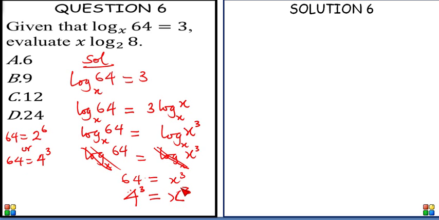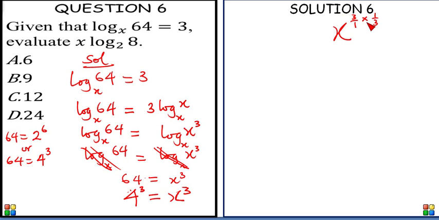I want to remove this power 3. The way to remove the power is to multiply that power by the reciprocal of the power. What I mean is this: x raised to power 3 over 1, that 3 is actually 3 over 1, times 1 over 3.